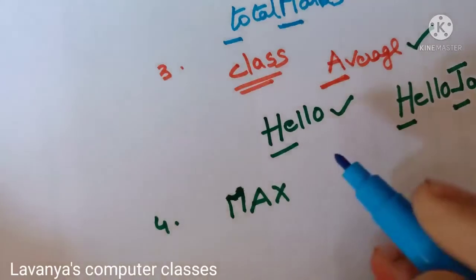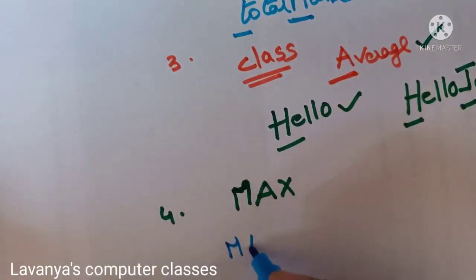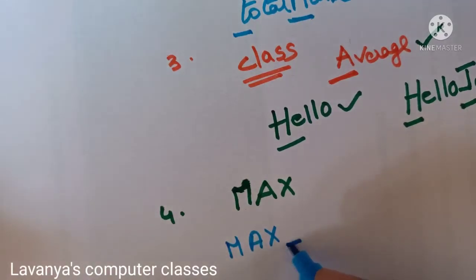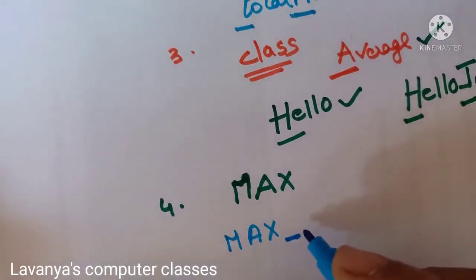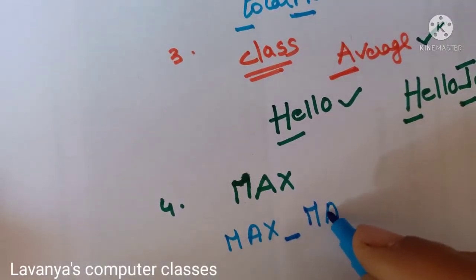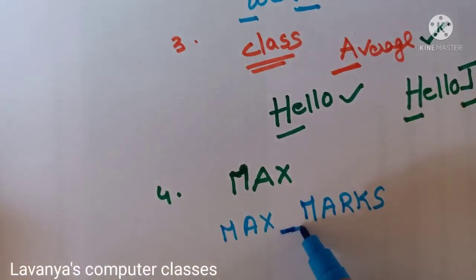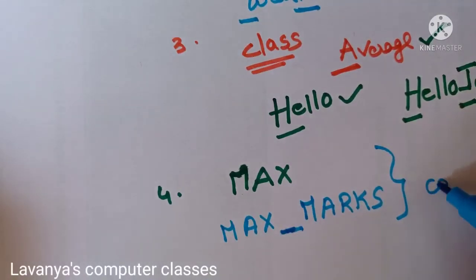If it is two words like max marks, how can you name it? The first word and second word are separated, combined with an underscore symbol. So MAX MARKS, all in capital letters, and the first word and second word are combined with an underscore symbol. So these are the two rules for constants.